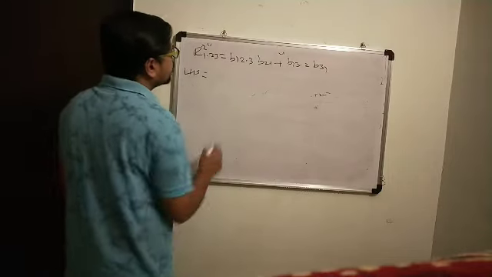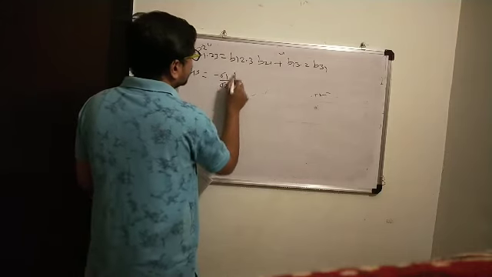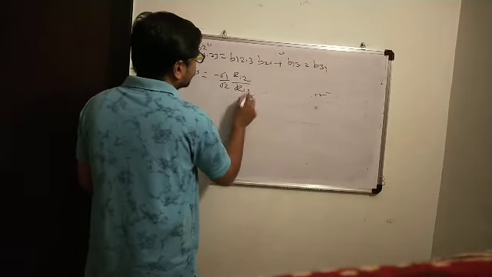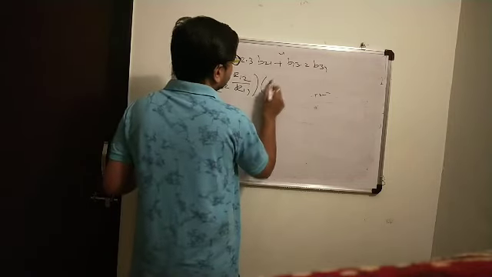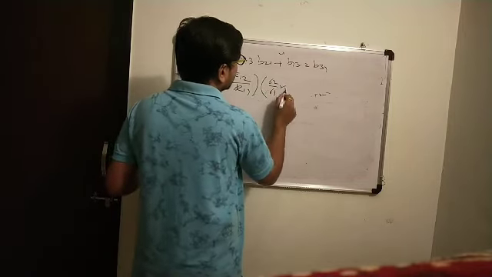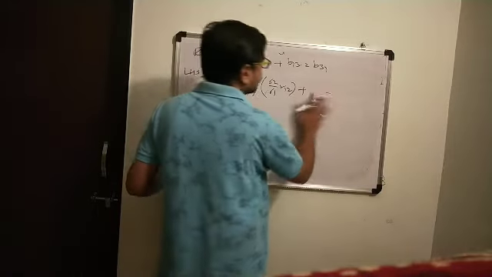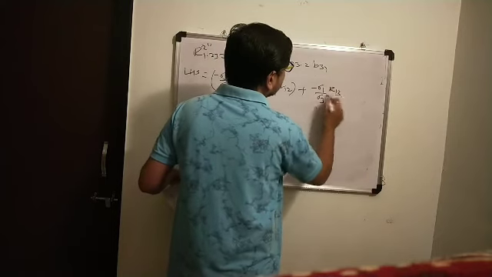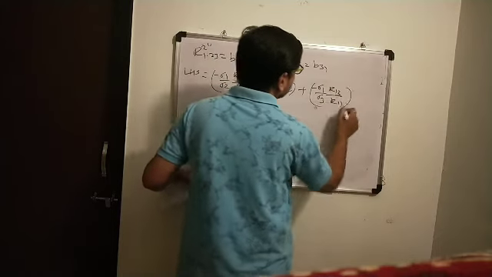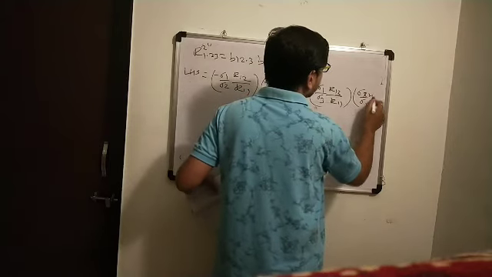So b12.3 is minus sigma 1 upon sigma 2, r12 divided by r11. b21 is sigma 2 upon sigma 1 into r12 plus b13.2 is minus sigma 1 upon sigma 3, r13 divided by r11, into sigma 3 divided by sigma 1 into r13.